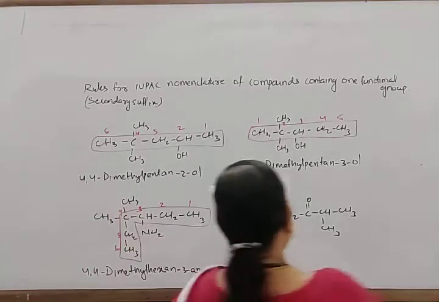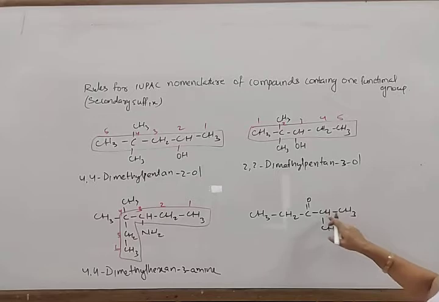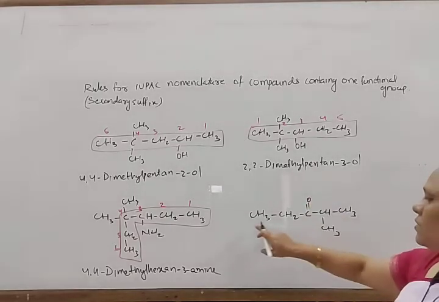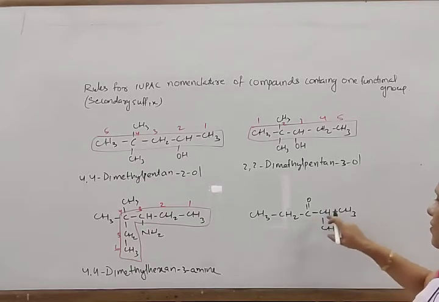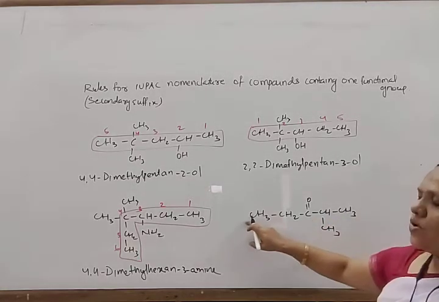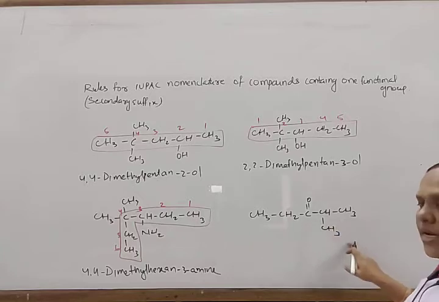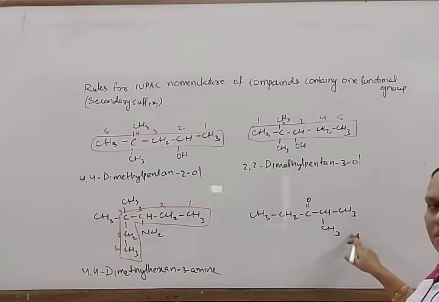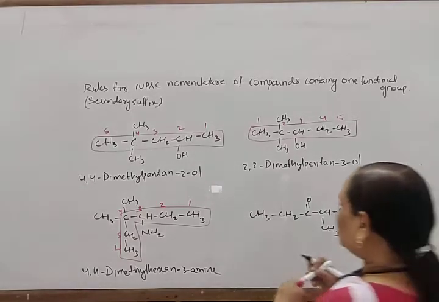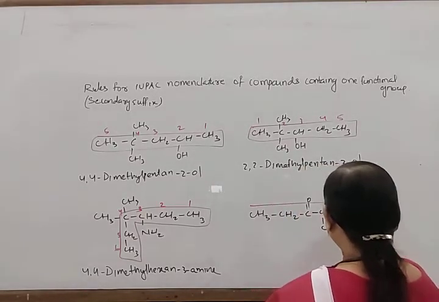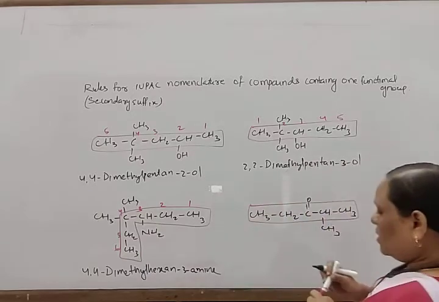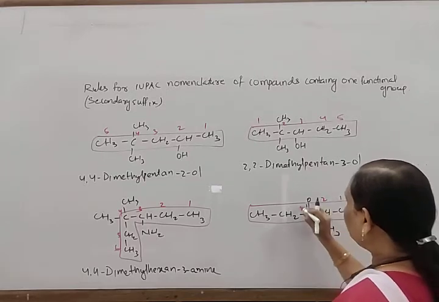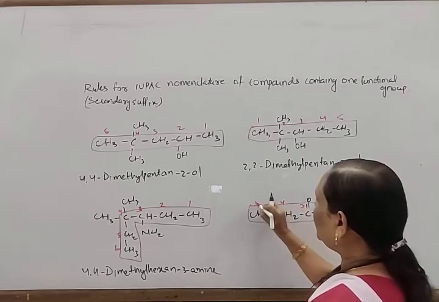Next come to here. Here the functional group is the keto group, ketone, C=O. Counting 1, 2, 3, 4, 5, and on this side also the count is 5. But there is one substituent. If the functional group position is the same from both sides, then give the lowest position to the substituent. So as this is the long chain of carbon, numbering should be from here, 1, 2, 3, 4, and 5.